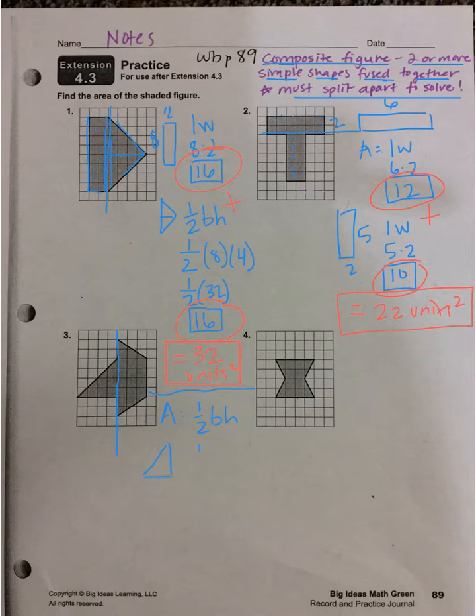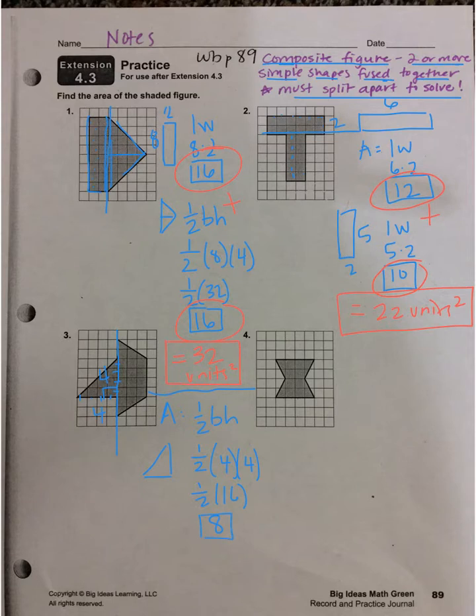So 1/2 base times height, well, let's find out. So I would go 1, 2, 3, 4, that's 4, by 1, 2, 3, 4. Remember, we want the perpendiculars here, so that's perpendicular. So 1/2 of 4 times 4, so 1/2 of 16, and 1/2 of 16, as we know, is 8.